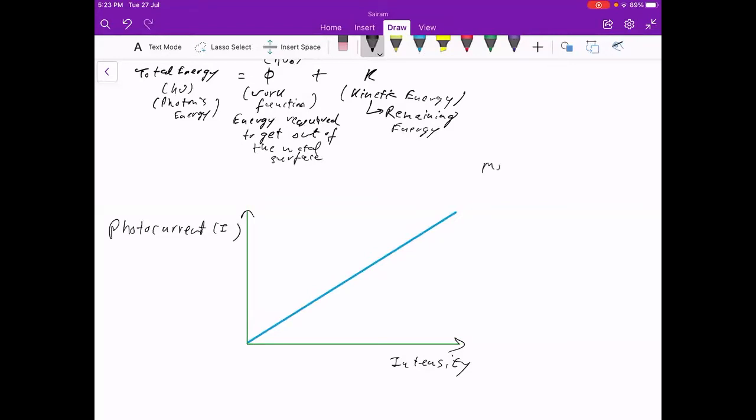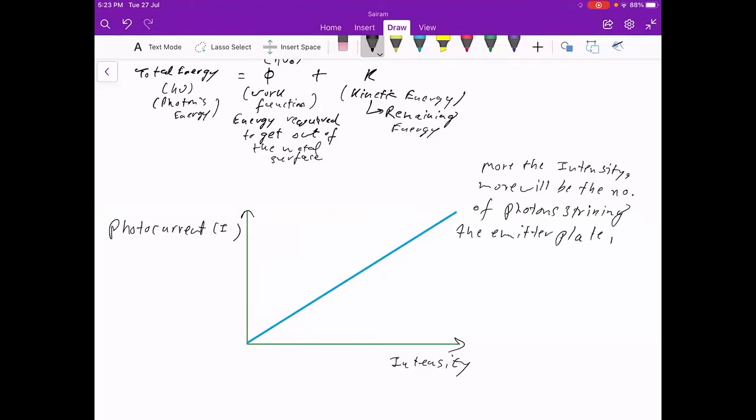More intensity actually translates to, in the particle picture of light, more photons striking the emitter plate per second.